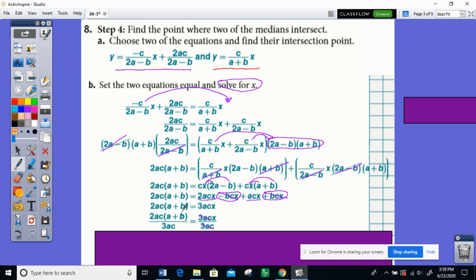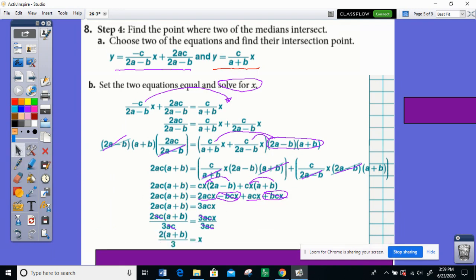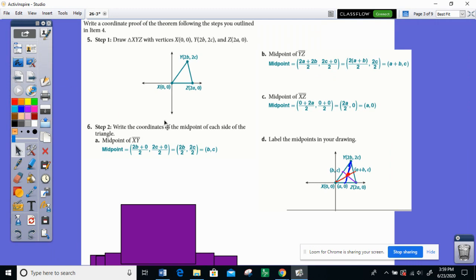And then on the right side, that cancels out. On the left-hand side, the a times c in the numerator cancels out with the a times c in the denominator, and we're left with this expression for x. Now remember, the whole point of doing this was to find the coordinates for this centroid.